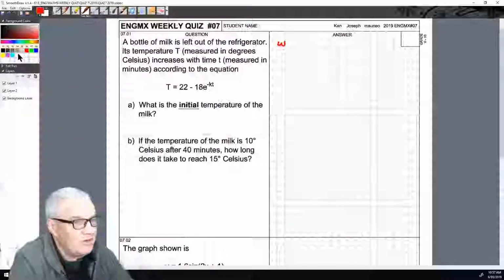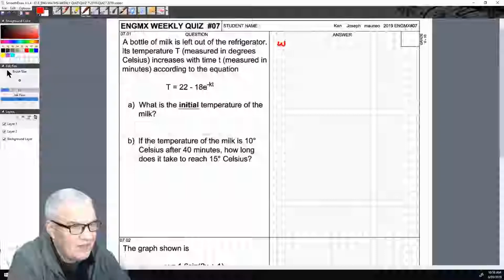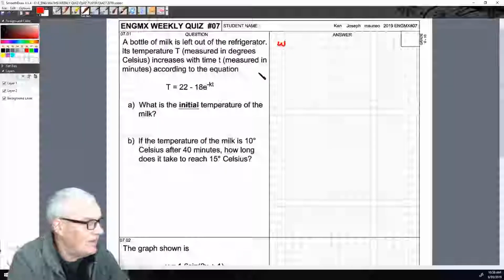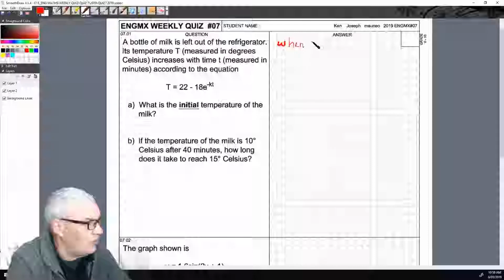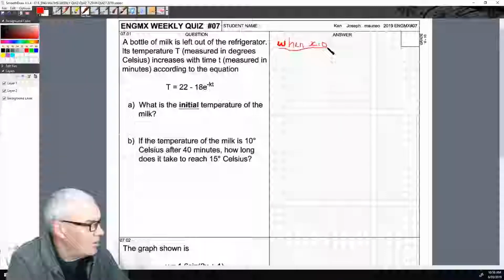Oh, that looks a bit fat on the old pen size there. Let's cut it down a tad. So when t equals 0, and we put a line under that.